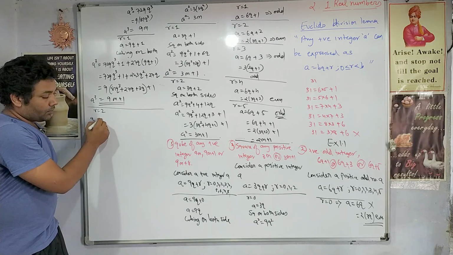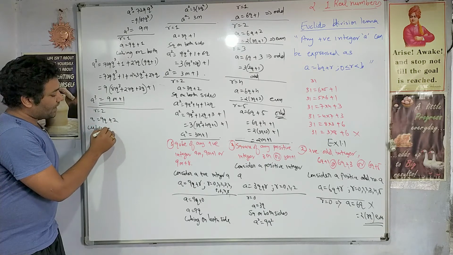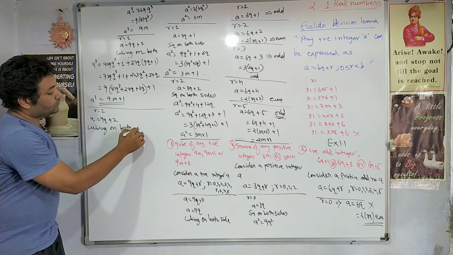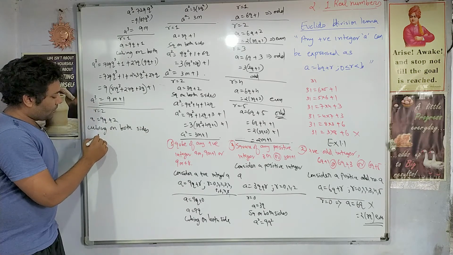So a will be equal to 9q plus 2. Cubing on both the sides, so a cube, right?